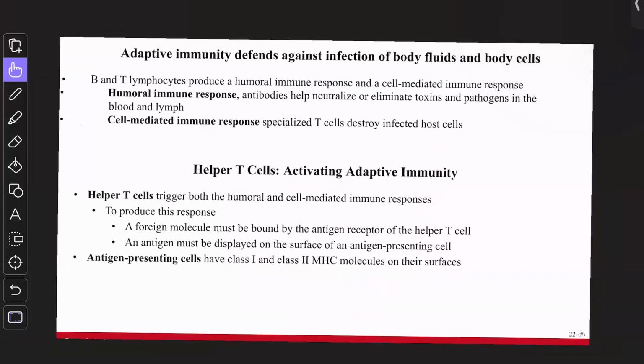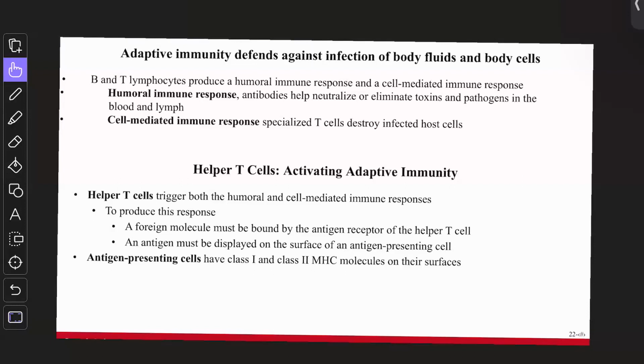We talked about the B cells and their clonal functions. Now we're going to talk about the difference between a humoral immune response and a cell-mediated immune response. Okay. Now the word humoral should sound familiar, right? We talked about humoral hormone control.